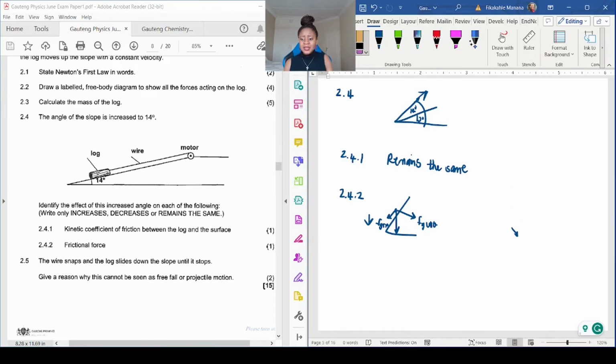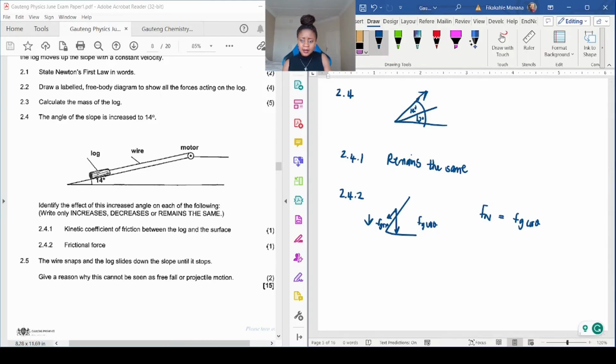And what happens then to your friction? Will it increase? Will it decrease? What are you expecting? So your frictional force in this case, remember your normal force, it actually depends on Fg cos theta.